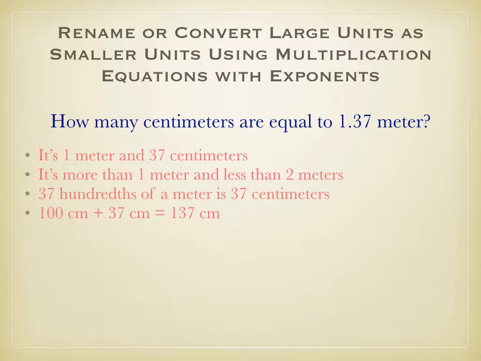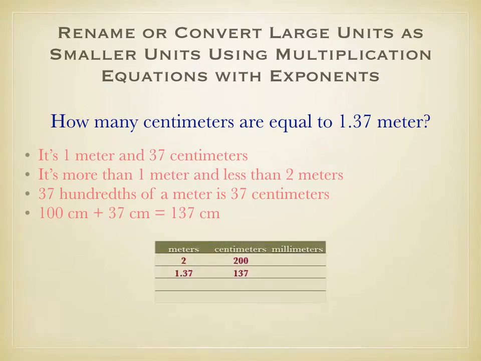So let's put that in the chart and then look at multiplication equations that we can do to show that. So there's our chart. We have 1.37 or 1 37/100 meters equals 137 centimeters. Now, how can we write that in a multiplication equation? Well, 1 37/100 times 100 equals 137.